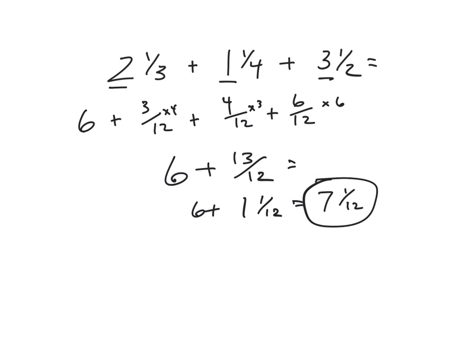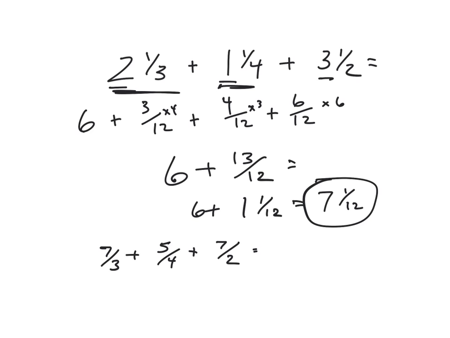Now, why in the world someone would do this to themselves, I have no idea, but they do. They would change all of these to improper fractions first. So they would do 3 times 2 is 6, plus 1 more is 7/3, plus 4 times 1 plus 1 more is 5/4, and then 7/2.